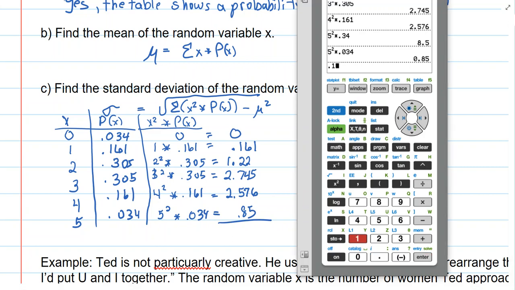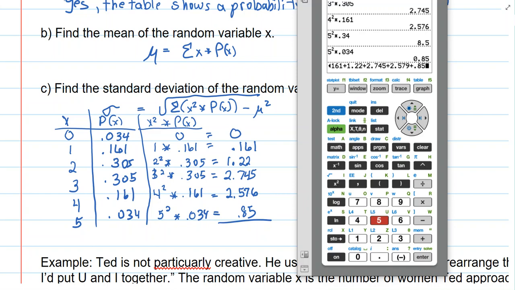I'm going to do 0.161 plus 1.22 plus 2.745. Oops, sorry, 2.745 plus 2.576 plus 0.85.